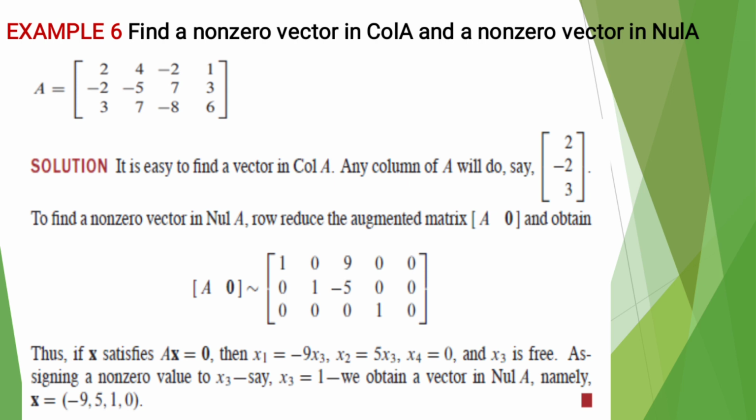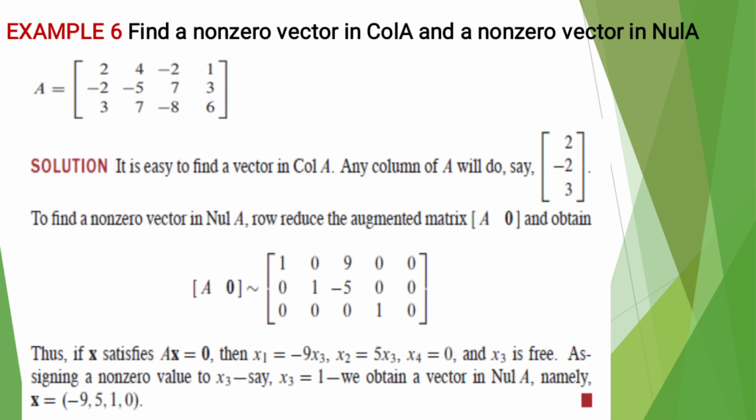From Ax equal to 0 bar, A is reduced to upper triangular form. We write equations: x1 plus 0 x2 plus 9 x3 plus 0 equal to 0. Second, 0 plus x2 minus 5 x3 plus 0 plus 0. In the last, x4 equal to 0.